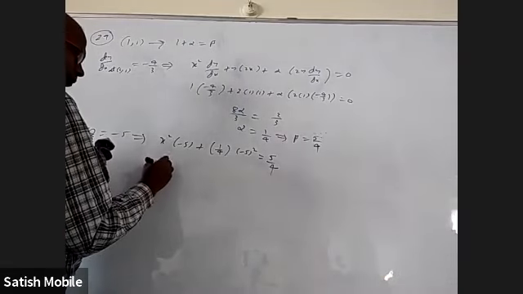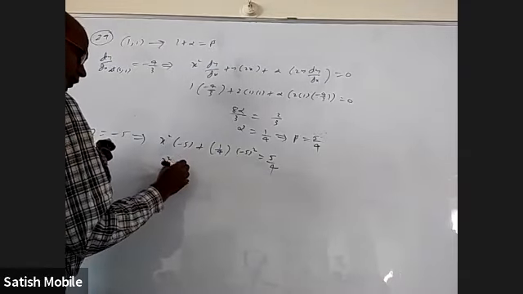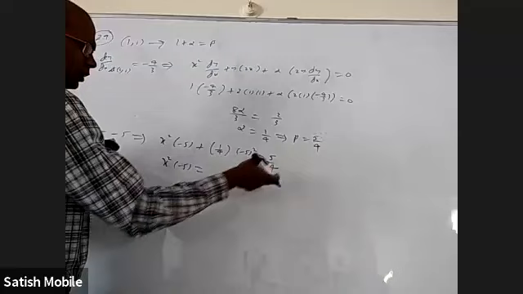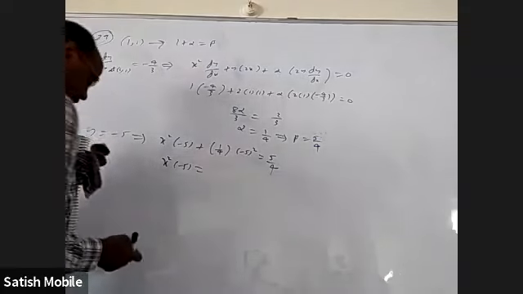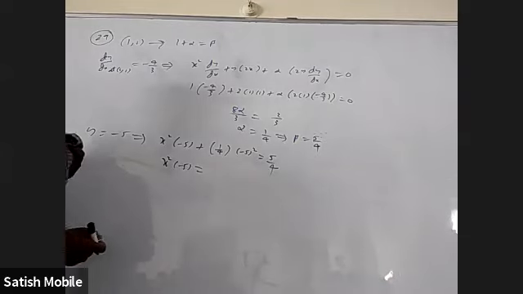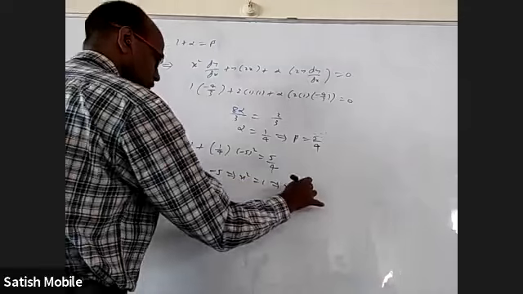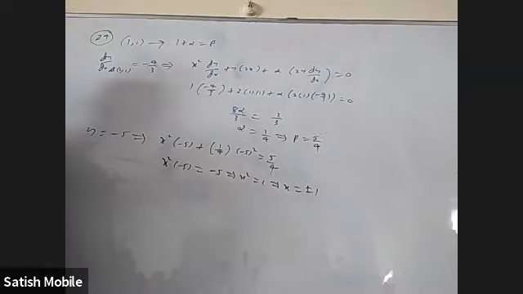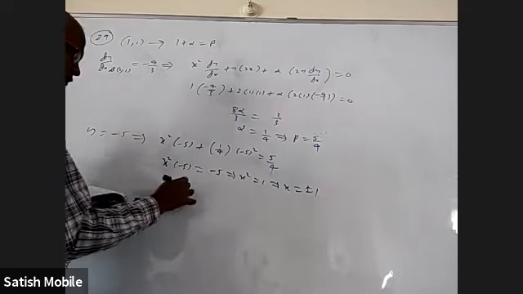This is x square into minus 5 equal to 5 by 4 minus 25 by 4, minus 20 by 4, minus 5. I'm getting x square equal to 1, x equal to plus or minus 1. But they said in the question that x is negative at that point. So I should take x1 as minus 1.